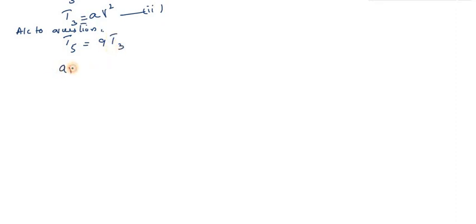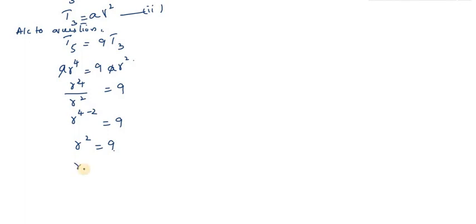That is, A r to the power 4 is equal to 9 A r square. A is cancelled with A, and r to the power 4 upon r square is equal to 9. Base same, power will subtract. So r square is equal to 9, and we find the value of r, plus minus root of 9. So we get the value of r is plus minus 3.